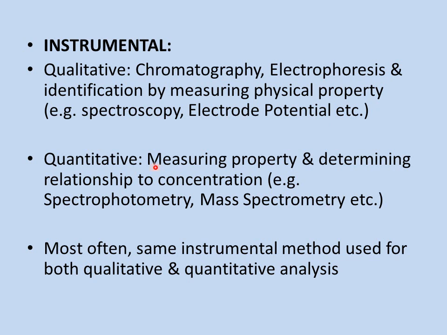It's being done by measuring property and determining its relationship to concentration, like it's all being done in spectrophotometry, mass spectrometry, etc. And most often, the same instrumental method is used for both qualitative and quantitative analysis. Meaning a single instrument is giving us both types of information, that is qualitative and quantitative information.